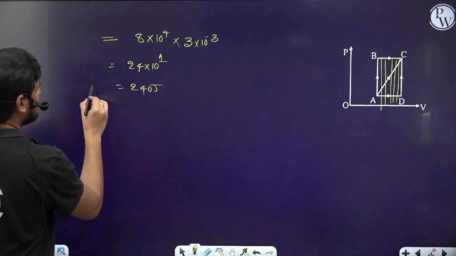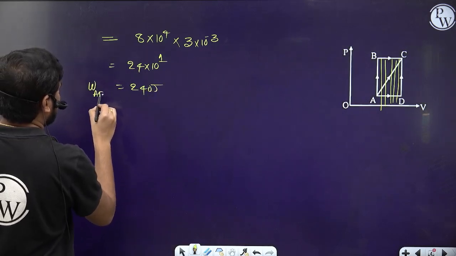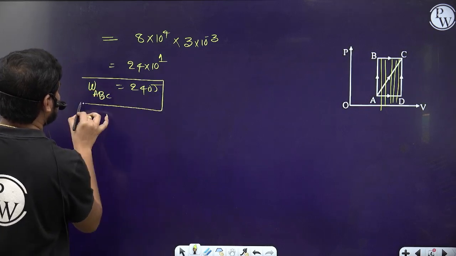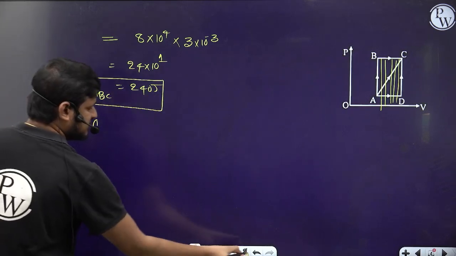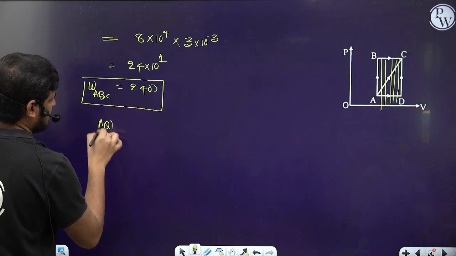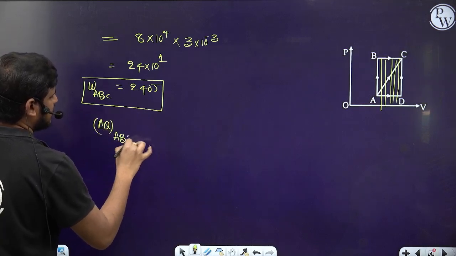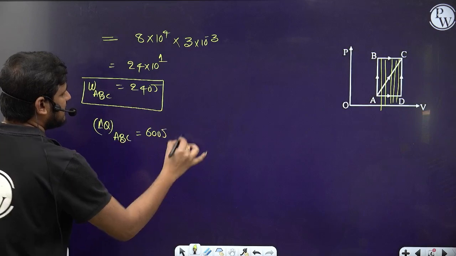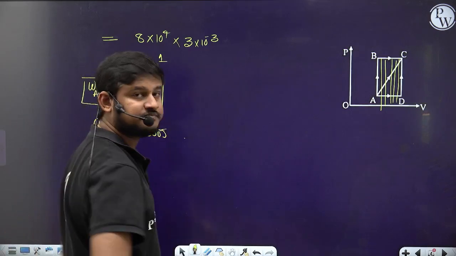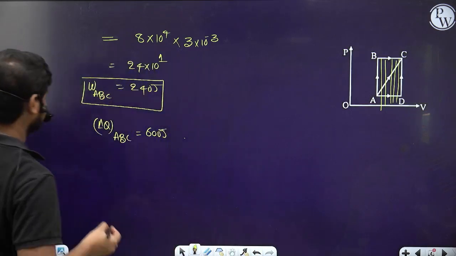So now you got the work done in ABC, and we got the total heat in ABC. What is the delta Q in ABC? 600 plus 200, 800, right? Then use the first law of thermodynamics. What does the first law of thermodynamics say?